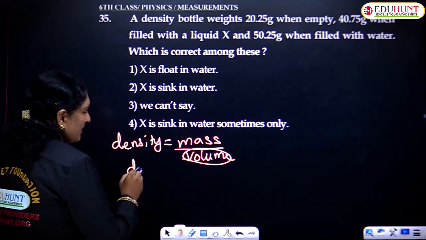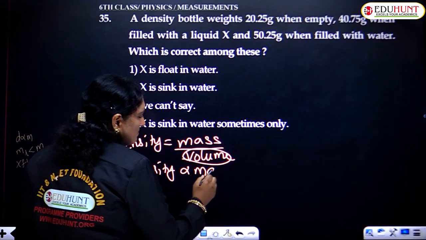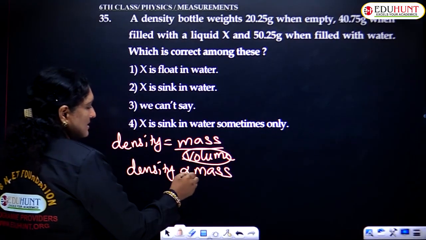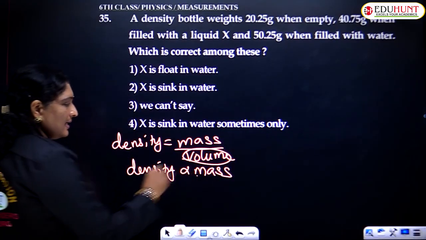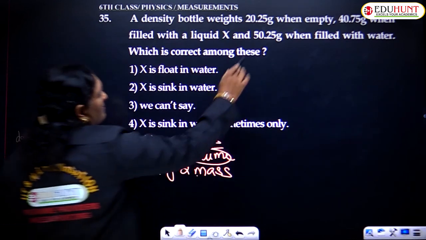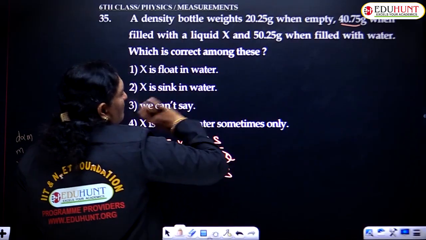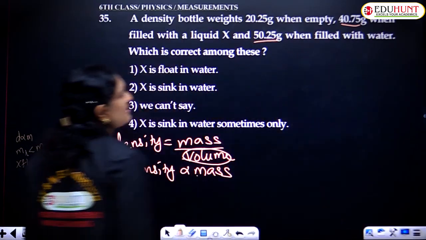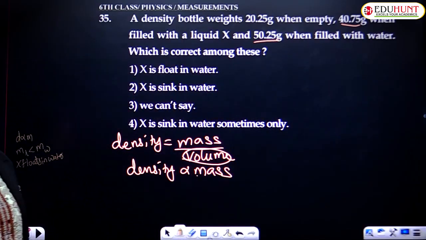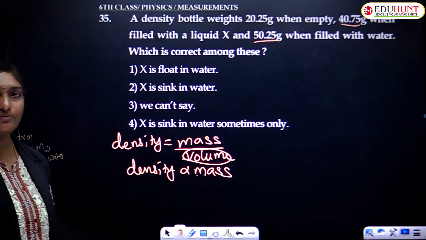So clearly, density is proportional to mass, because same volume means larger the mass, larger will be density. Lesser the mass, lesser will be density. If you compare these two, liquid mass is 40.75, whereas water mass is 50.25 grams. Which one is having more mass? Obviously water.